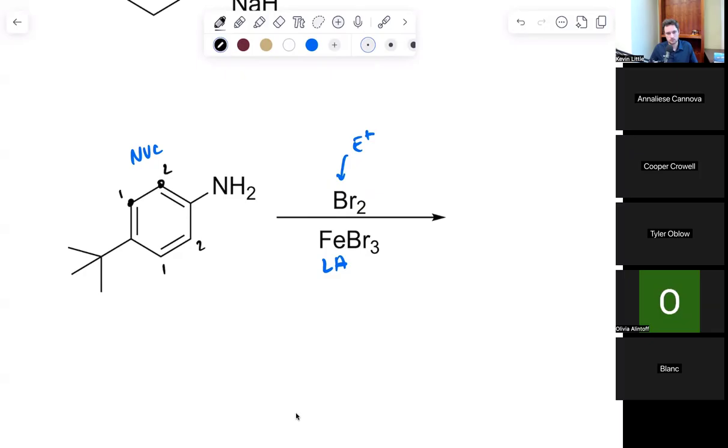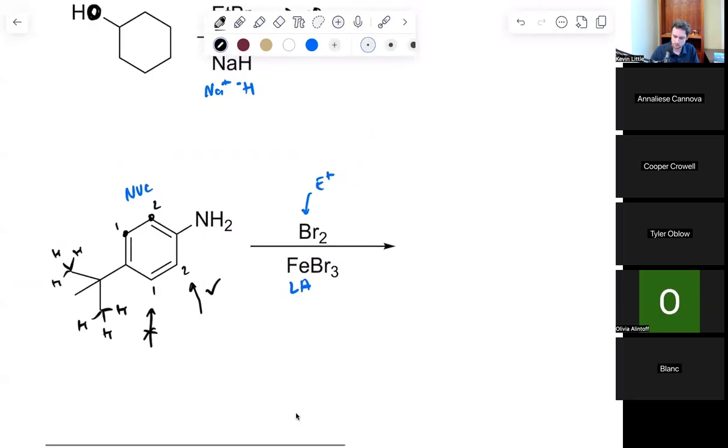Those two sets of carbons are equivalent to each other, so I can either add to one or I can add to two. They're the same. So because this thing is so bulky, it can actually help us direct. It's going to be much harder to add into one than it will be to add into two.